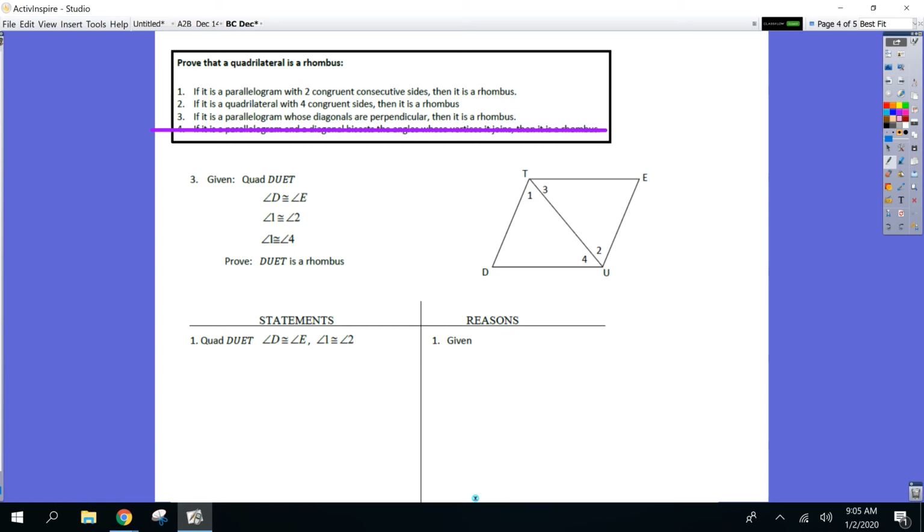How do you show it's a rhombus? Ready? First, reason number 1, you got to show it's a what first? Parallelogram. Okay, we got that. Show it's a parallelogram and then show it's got what in reason number 1?